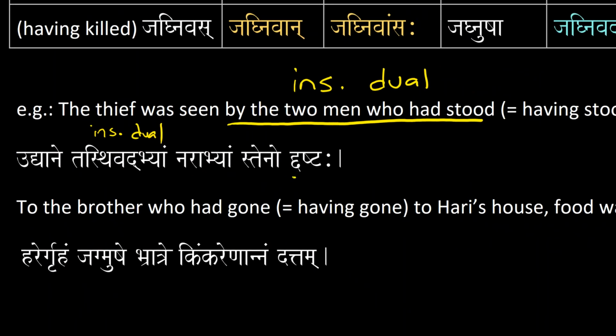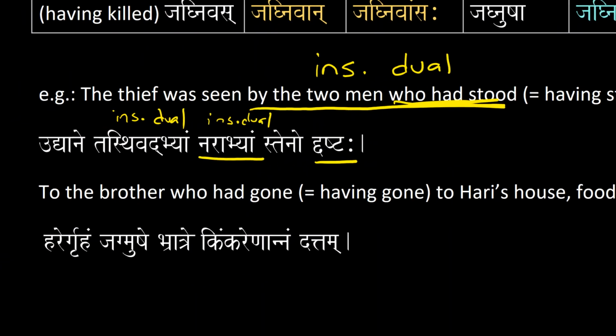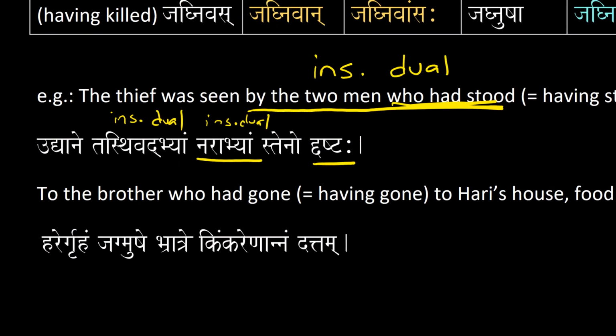So was seen is drishtaha. And again, notice how was seen by the two men. This is by the two men, abhyam. So this is also instrumental dual. Notice how by the two men and who had stood are going to go together, because it's the two men who had stood in the garden.